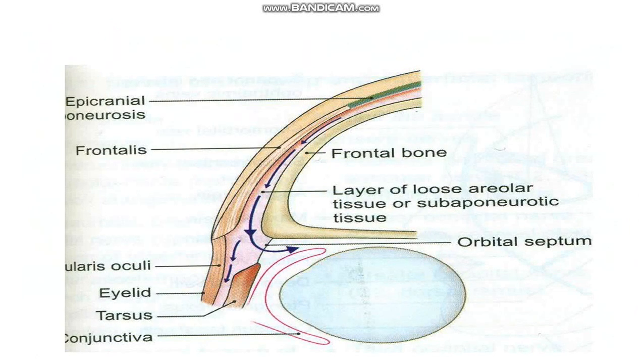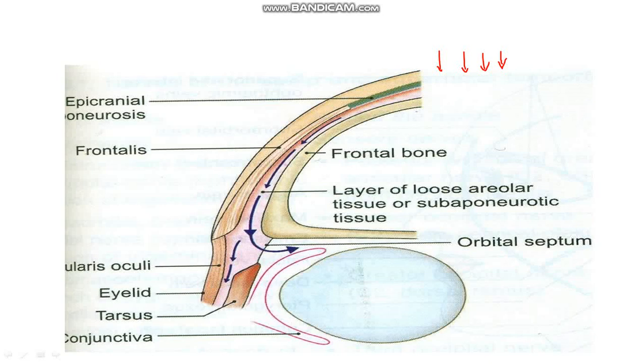Now in this image you can see the anterior aspect. If any injury happens, the blood collects in the loose connective tissue.